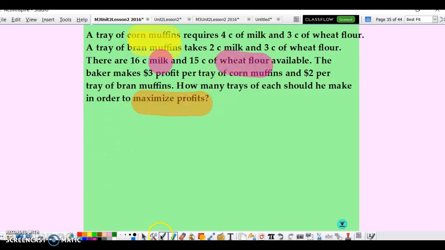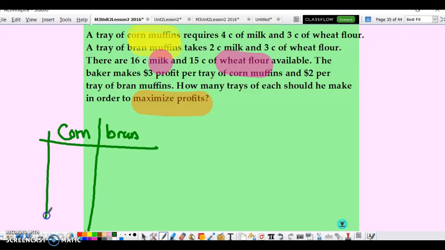When it comes to organizing this, I like to use a table. I'm going to put my two variables, corn muffins and bran muffins, on the top, and then list my constraints, which are milk and wheat flour.